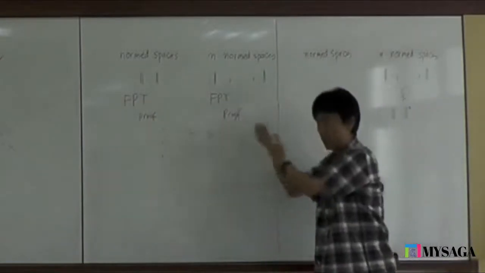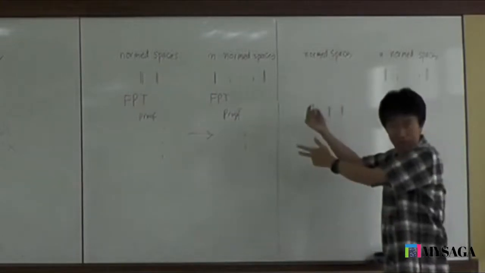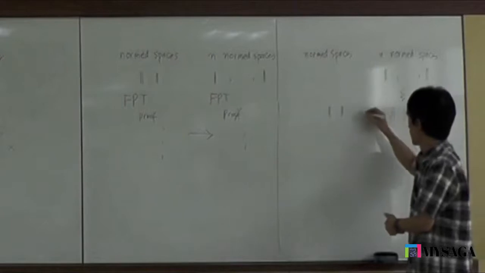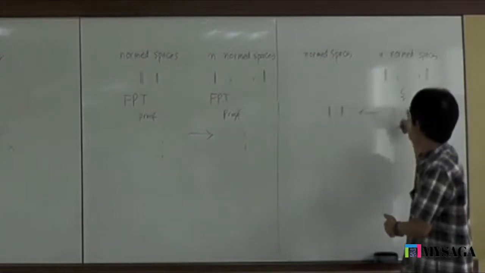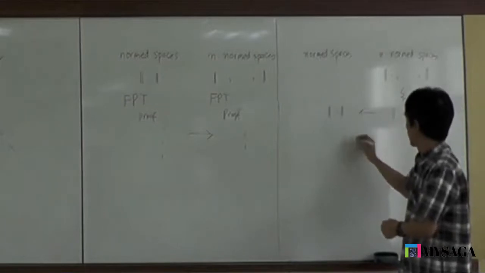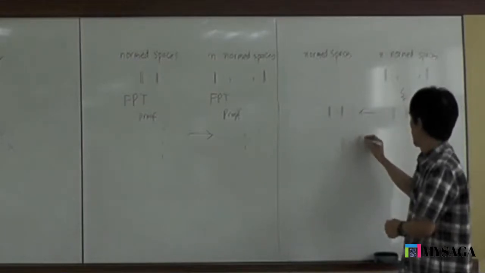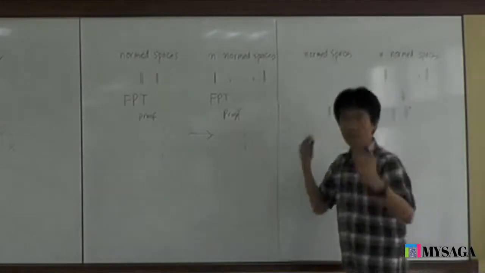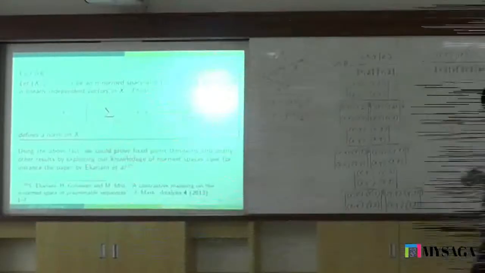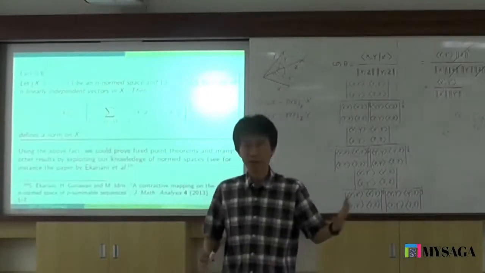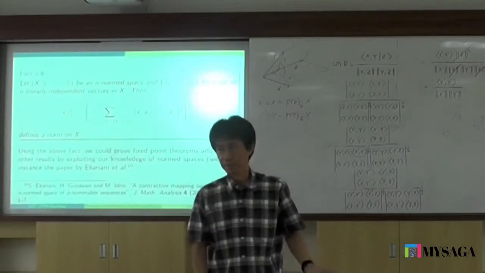Now I export this to this. Of course, it is not exactly the norm here, but if they are equivalent, then I got the result. That's the idea. Instead of importing, I'm exporting.